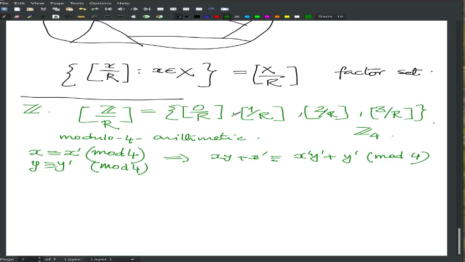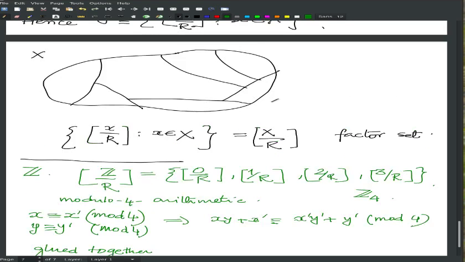So as if all the multiples of 4 have been glued together. Okay? All those integers which keep a remainder 1 have been glued together to give this equivalence class of 1. And same for the other two, right?